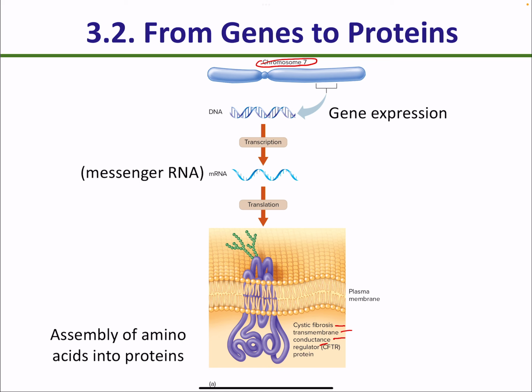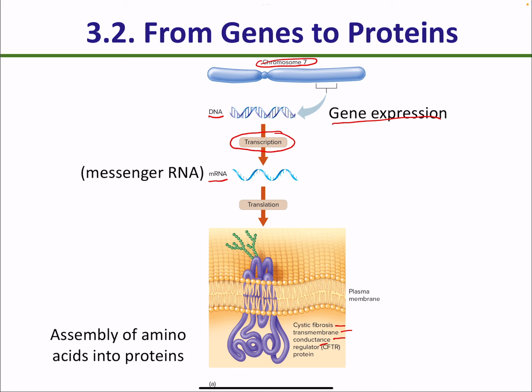That gene is going to be read and converted to protein through a process that we call gene expression. Now, gene expression starts with converting DNA into RNA through a process that we call transcription. And from there, when we have RNA, in this particular instance messenger RNA, why do we call it messenger RNA?